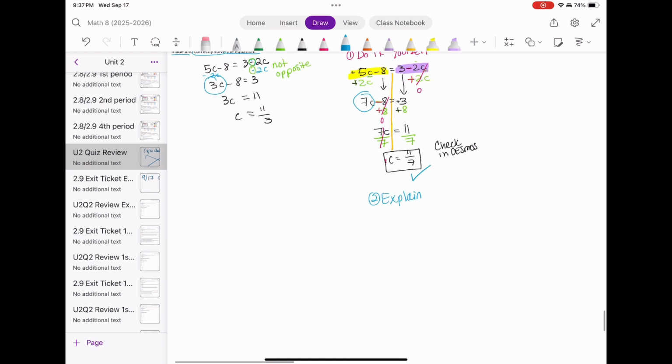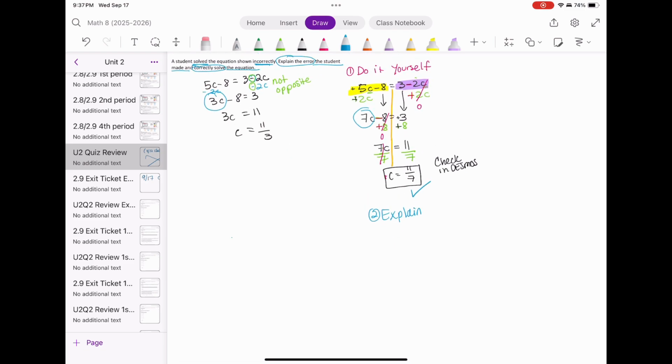So the student's mistake is that they didn't add the 2c, they subtracted it. Remember, when you cross that bridge, you always do the opposite. So I'm going to say the student's mistake is that he or she subtracted 2c when it was already negative.